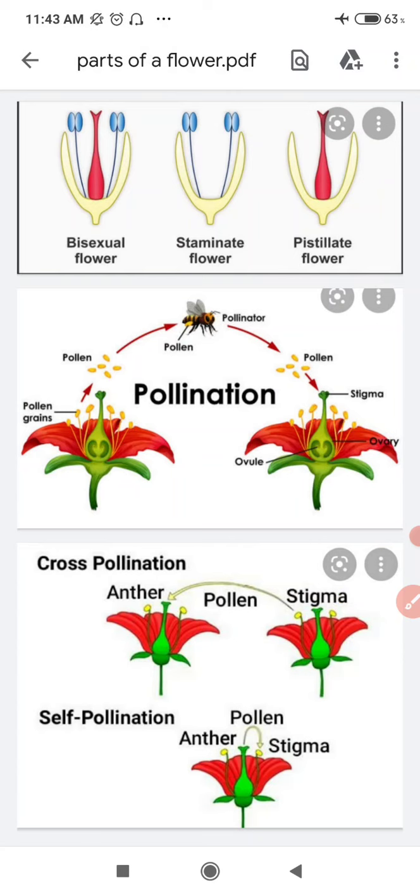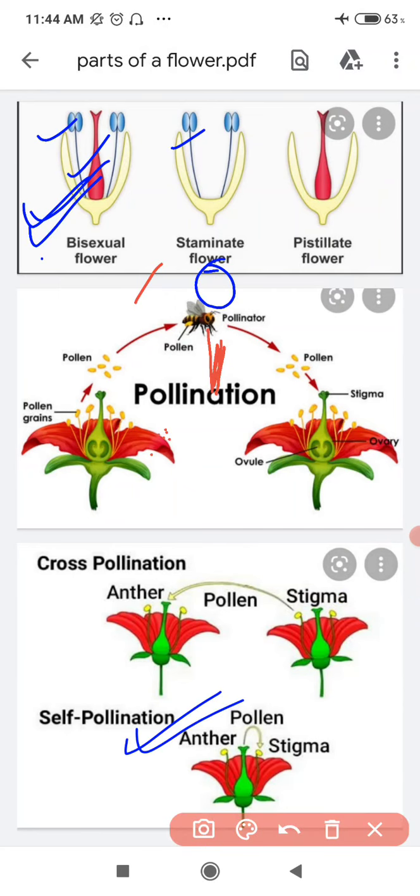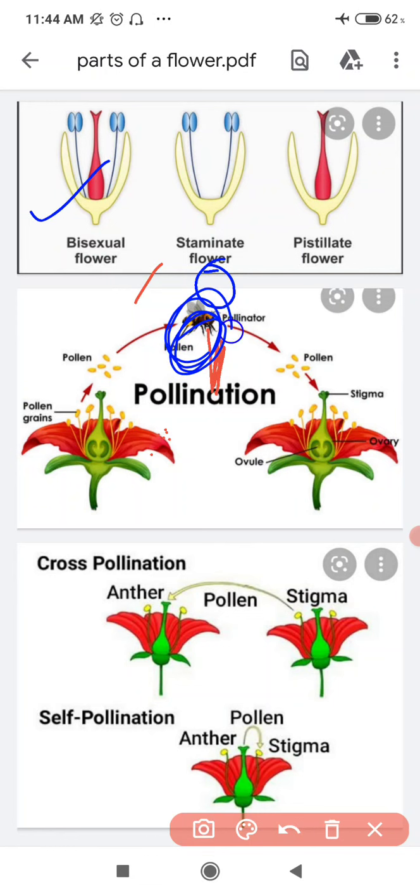So, winds, insects, water and animals are some external agents which facilitate pollination, and these agents are called pollinators. Here the picture. These insects help to pollinate the flowers. So this agent is called a pollinator.